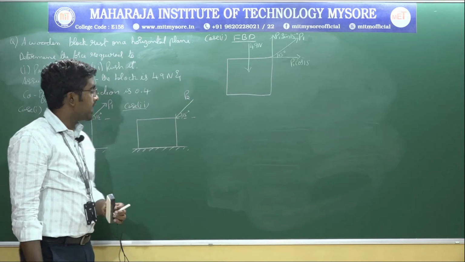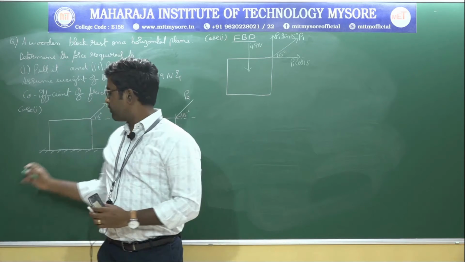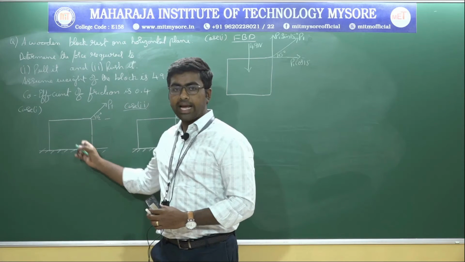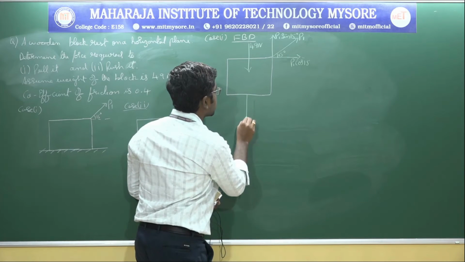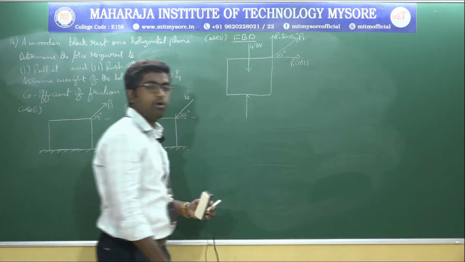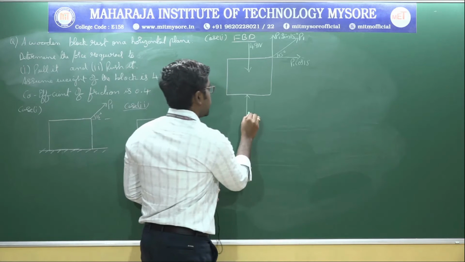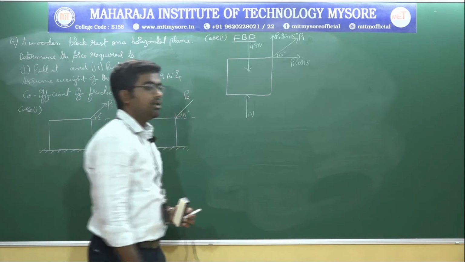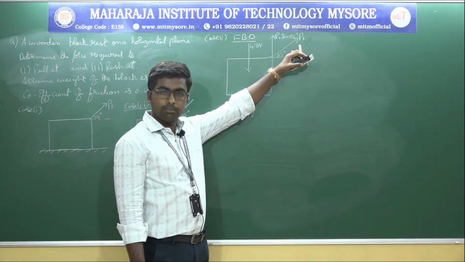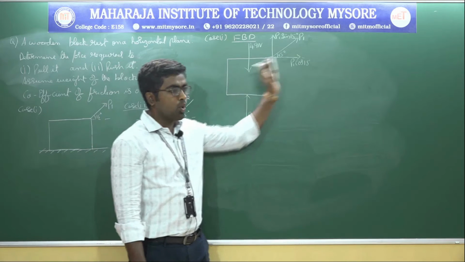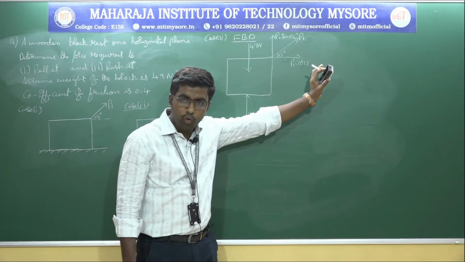Right? Next, this horizontal floor is going to offer a normal reaction on the block. Let me write that normal reaction, and the normal reaction will always be vertical, and let me denote it as capital N. If you pull the block, the block is going to move in the direction of the applied force.